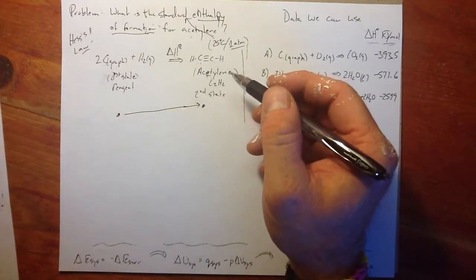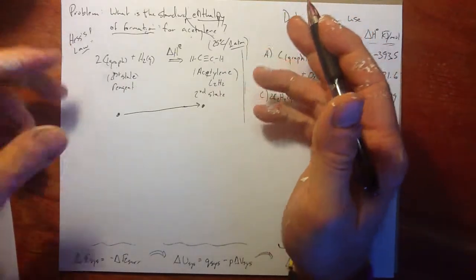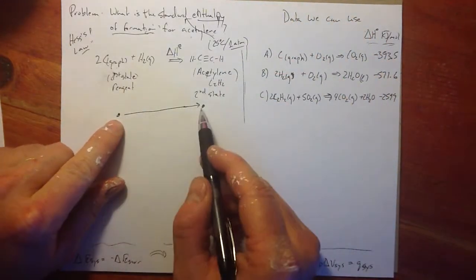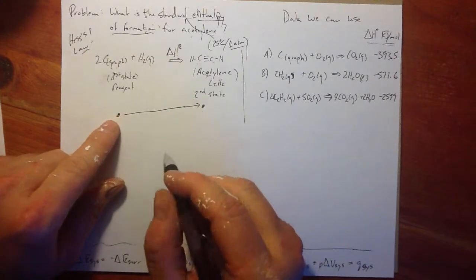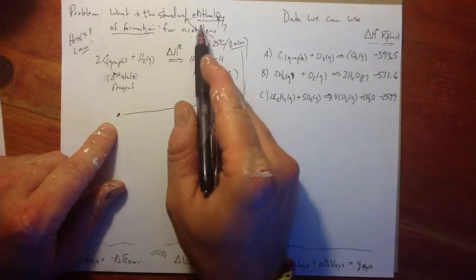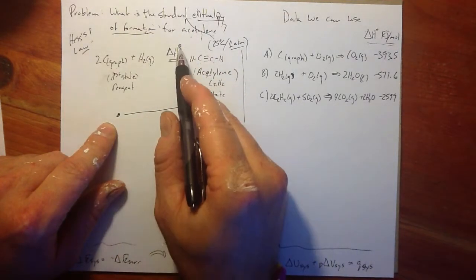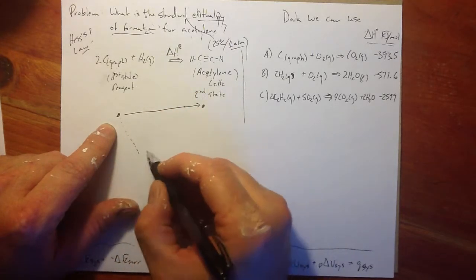Now Hess's law states that it doesn't matter how we get from point A to point B, first state to second state, reagents to products. It doesn't matter whether we go direct and find directly the standard enthalpy of formation, or if we go indirect.